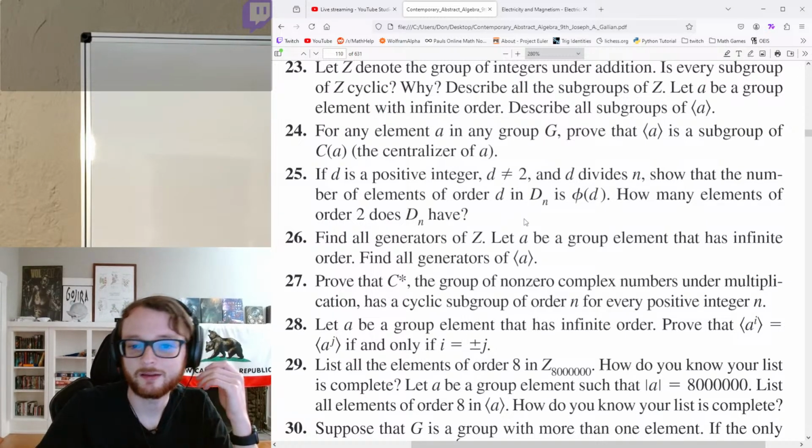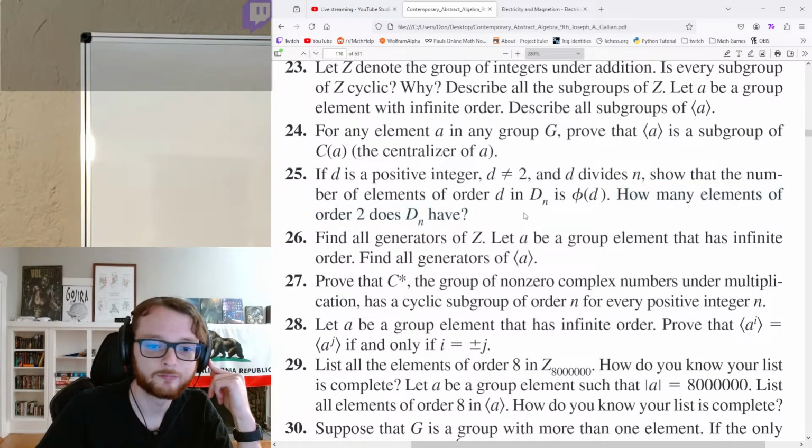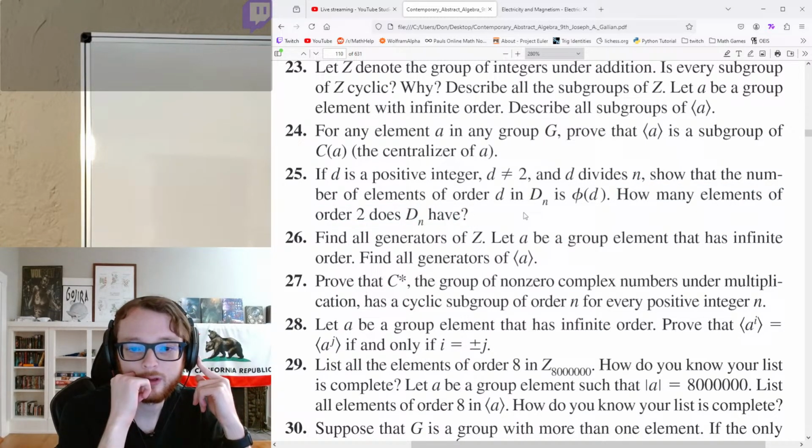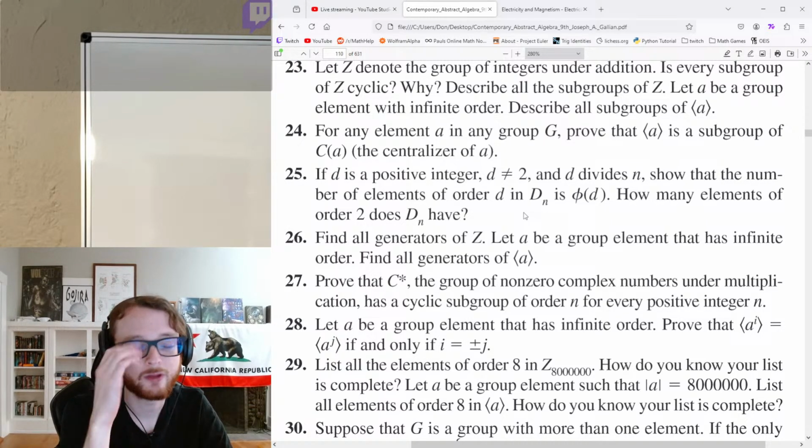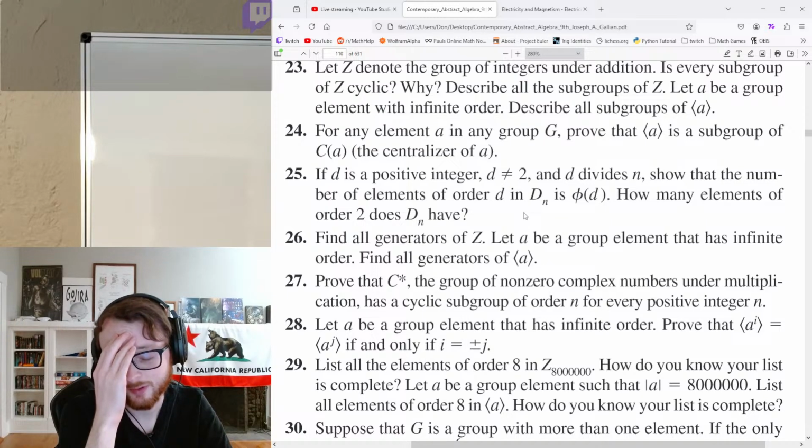So I guess I've already answered that part of the question, and we could probably make it a function of n if we really cared to. If it's an even number, it'll be half the order plus 1. If it's an odd number, it'll be just half.